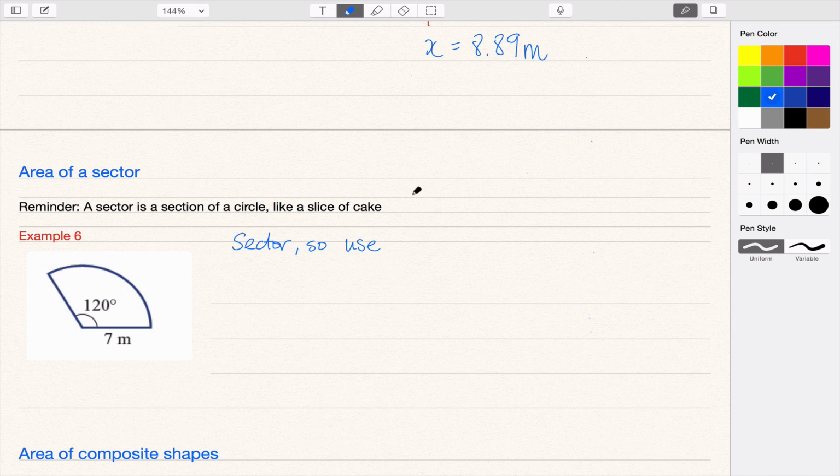So the formula we're going to use is area equals theta over 360 times pi r squared. Theta is the inside angle, which is 120 degrees.